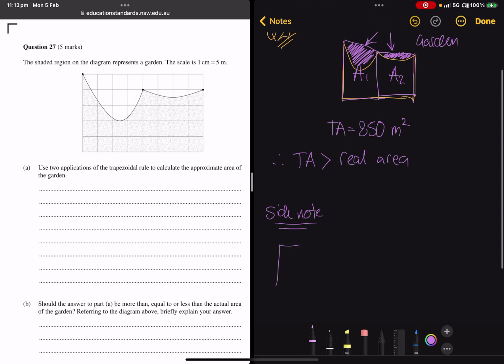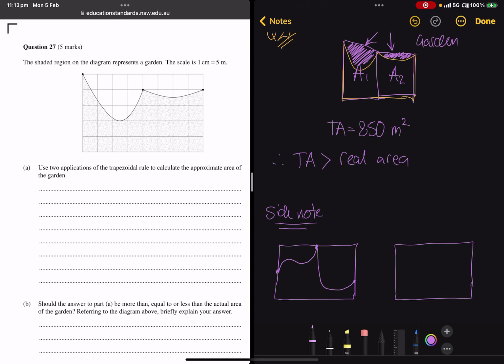So if we have two gardens, and we're going to draw them in these two rectangular boxes, we're going to see a case where it overestimates and then a case where it underestimates. So we might have something like starting over here, the garden curls up and goes to this point, and then it goes down and goes out to this point. So we have 3 points here.